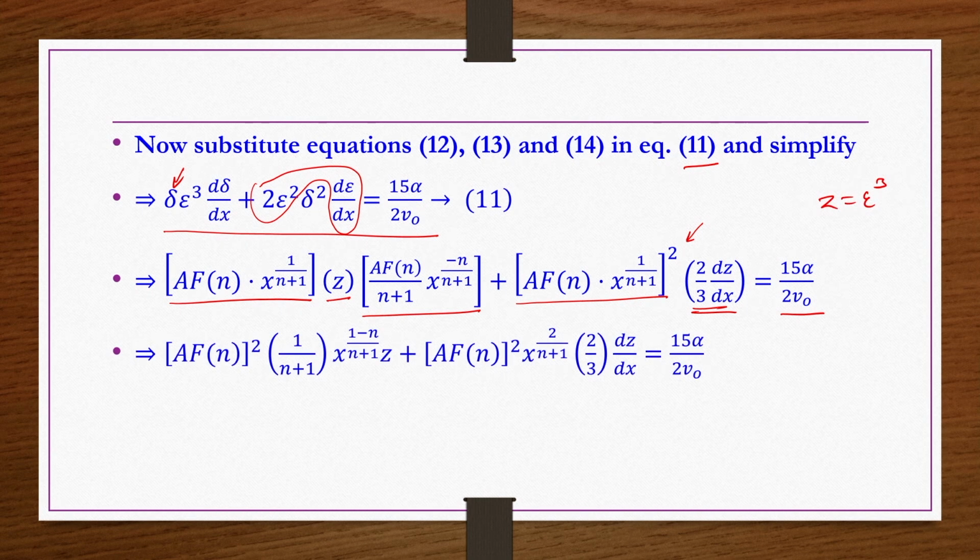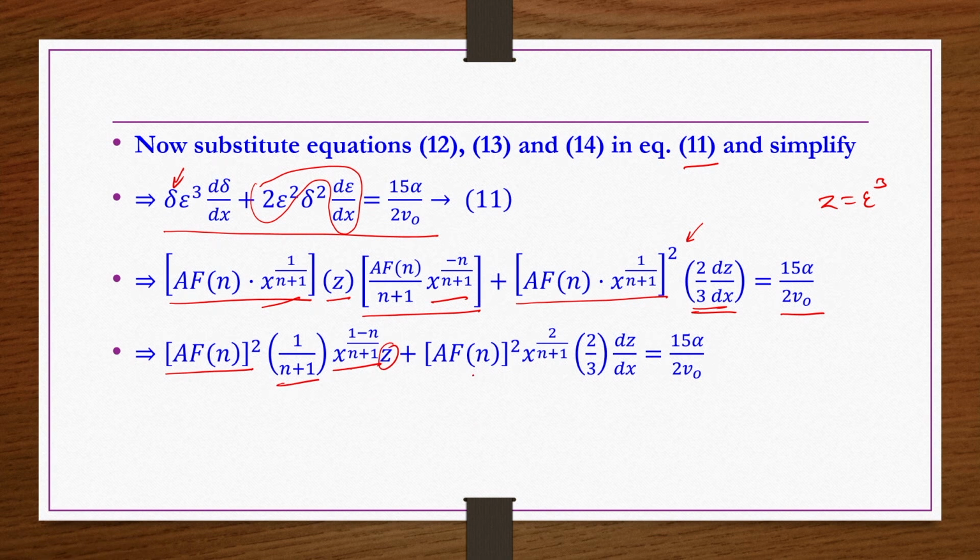In this equation, we are now combining the x terms. So, x power 1 minus n by n plus 1, you will have A Fn 2 times, so A Fn whole square and then 1 by n plus 1, z as it is, x power 1 minus n by n plus 1.